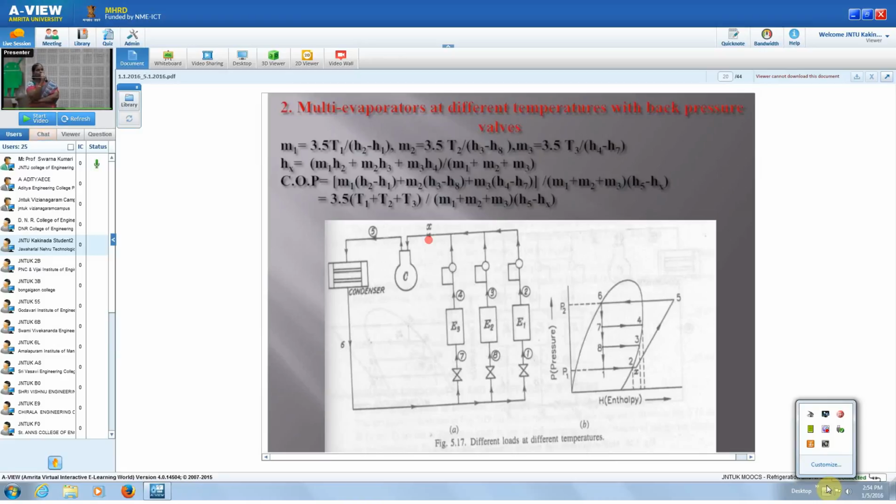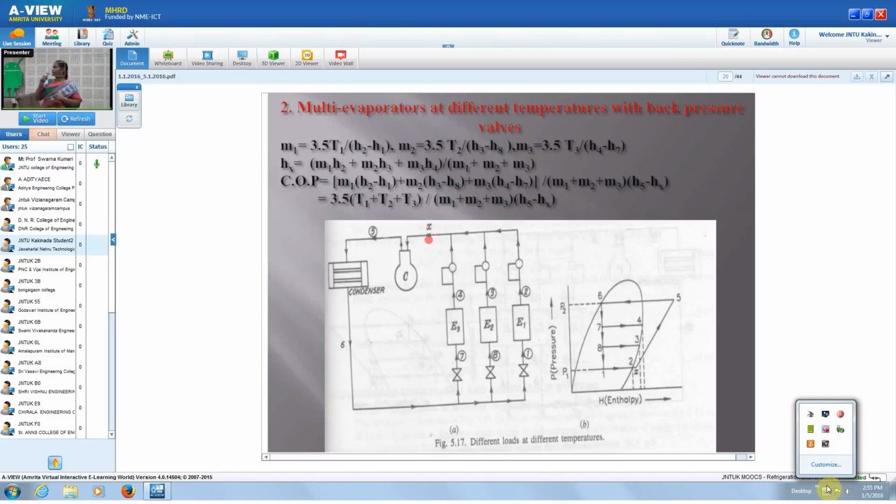So that is the refrigeration effect produced in the first evaporator. So similarly for the second evaporator, the mass of the refrigerant required is 3.5 into T2 by the actual refrigeration effect produced in the second evaporator. So that is H3 minus H8. Okay. So similarly the refrigeration effect produced in the third evaporator is H4 minus H7.